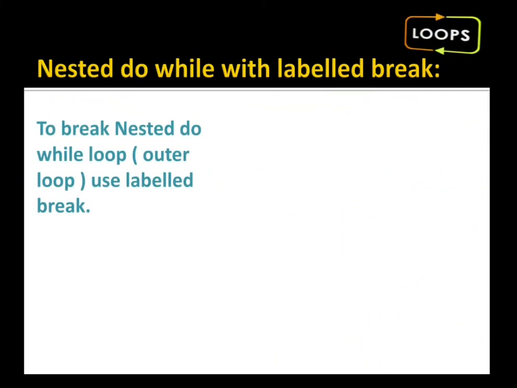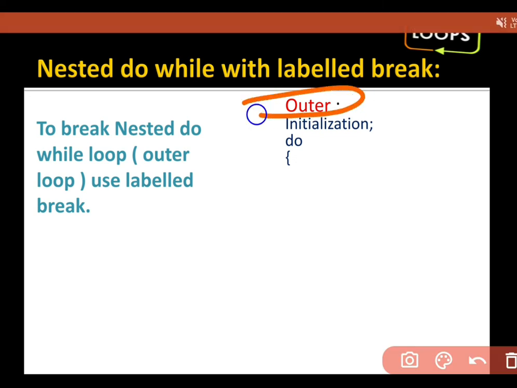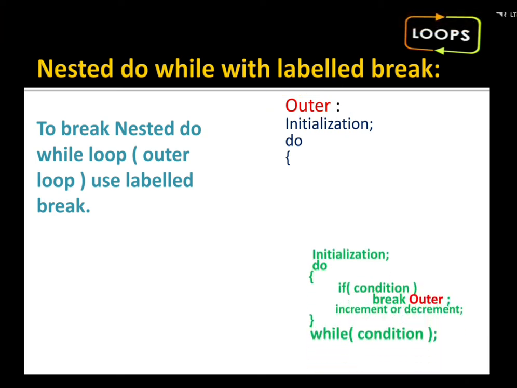Now see, with do while, how are we writing a labeled break? The same thing. We have to write outer, the name; you can write any name. I'm using outer so that you can identify which loop I am talking about. Initialization, then do.